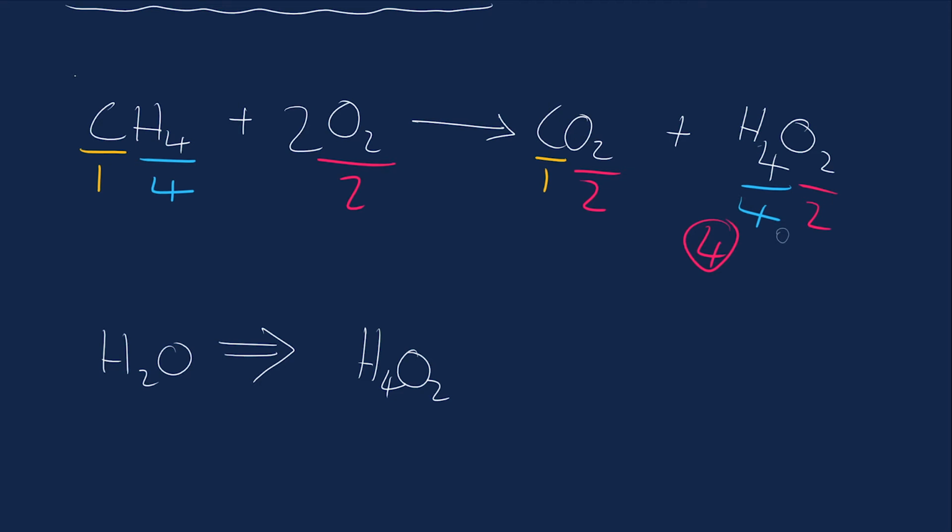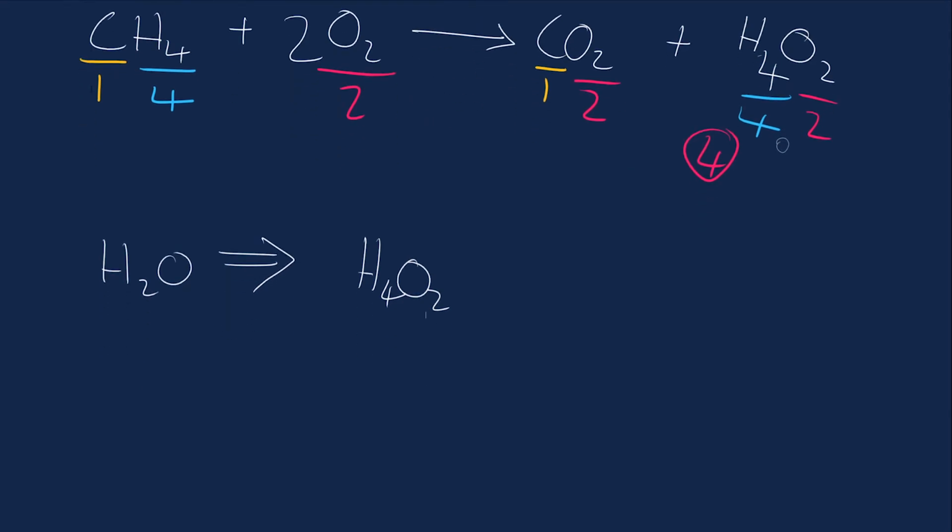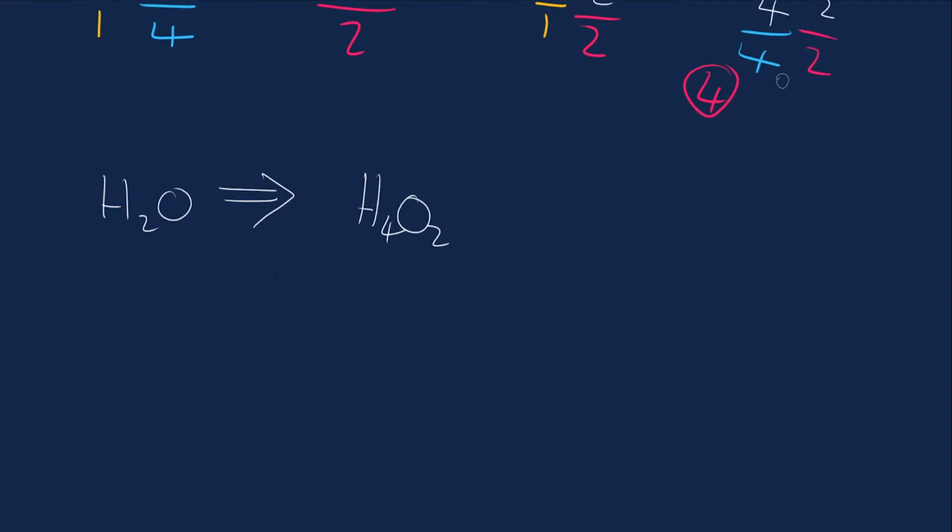And what I did there is not balancing an equation. What I just did there, changing the subscript numbers, the little numbers down here, instead of putting a number in front like this, is not balancing an equation.